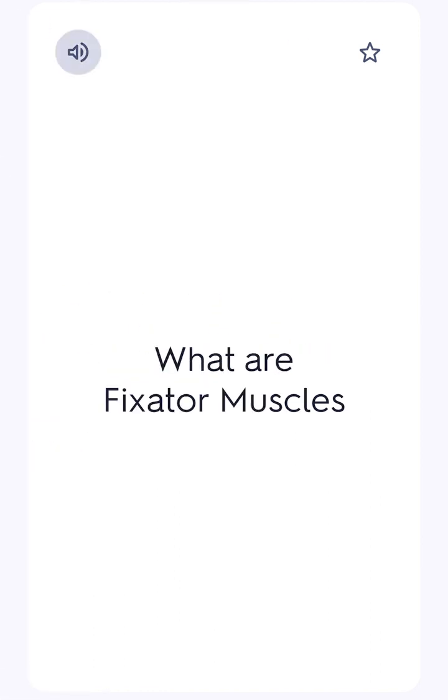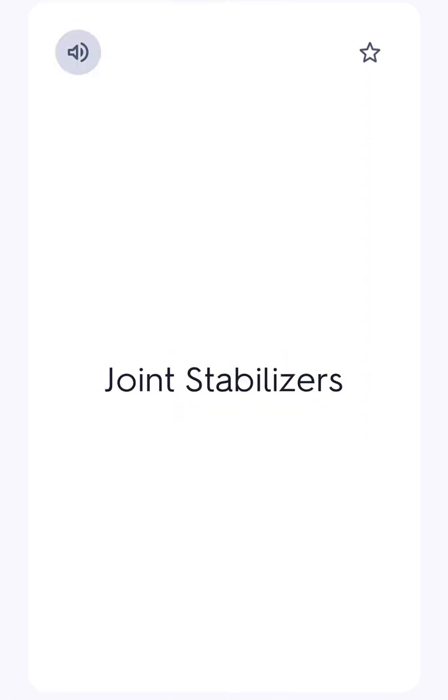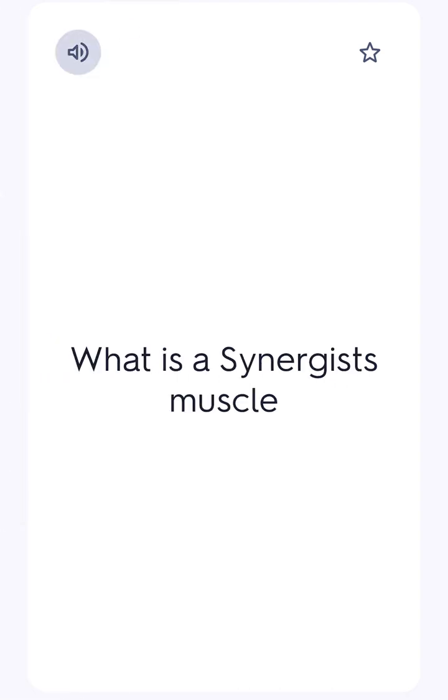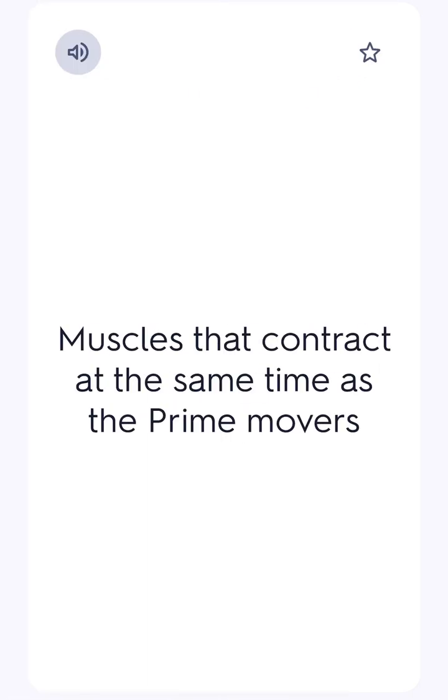What are fixator muscles? Joint stabilizers. What is a synergist muscle? Muscles that contract at the same time as the prime movers.